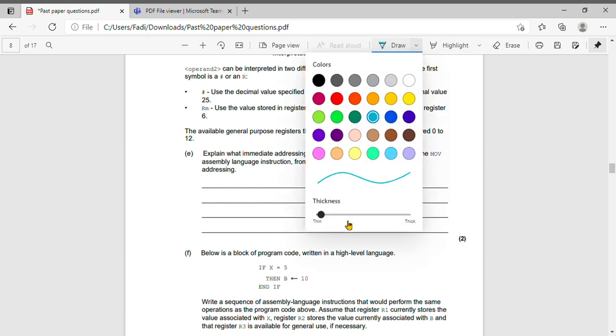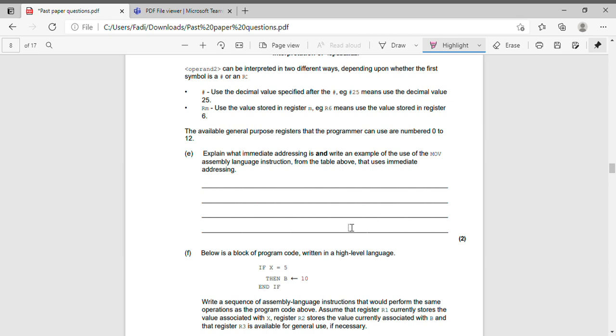Explain what immediate addressing is. So let's quickly do that.